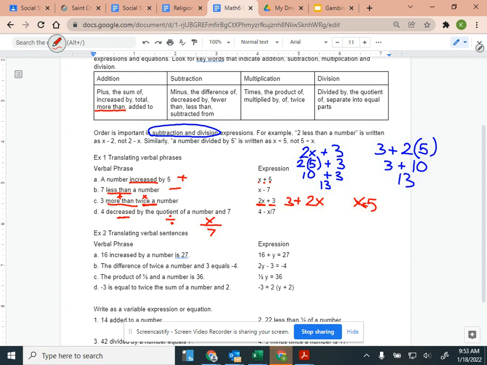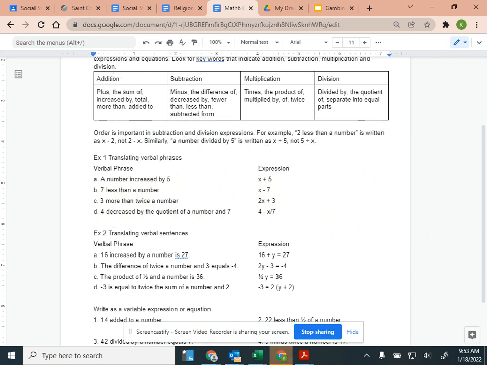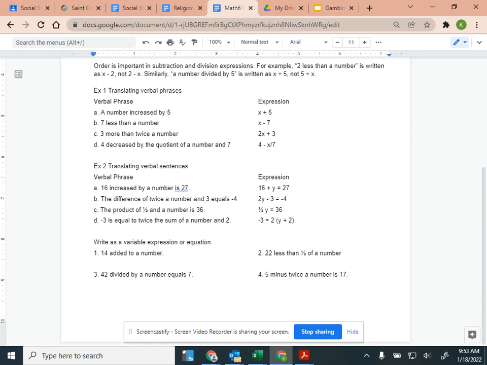So now translating verbal sentences. Very similar to the verbal phrases. You're just writing out that expression with the equal sign. So let me move the paper up. 16 increased by a number is 27. When we see that word is, what does it mean?